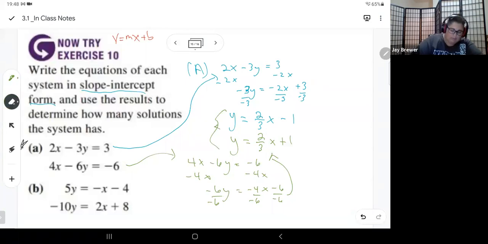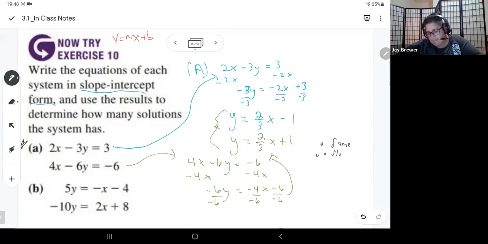So let's talk about what that means. That means that we have to conclude same slope, different y-intercepts.